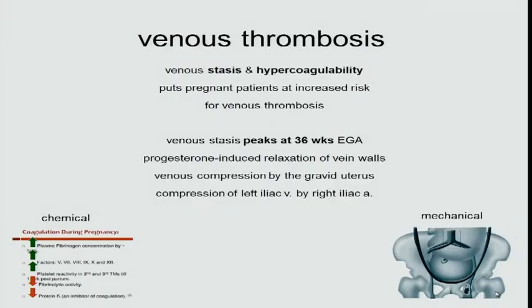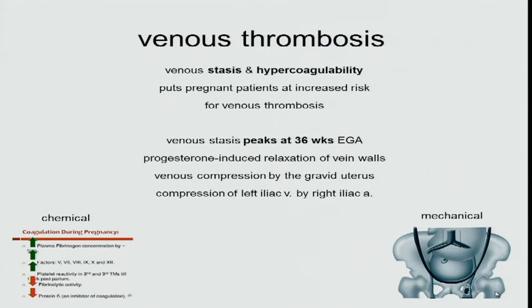Okay, so in pregnancy, we have two different things that are going on that make the lady at increased risk for thrombus. There are changes in the clotting cascade, and some of this is to prevent problems with bleeding around the placenta. And some of the forces are mechanical.